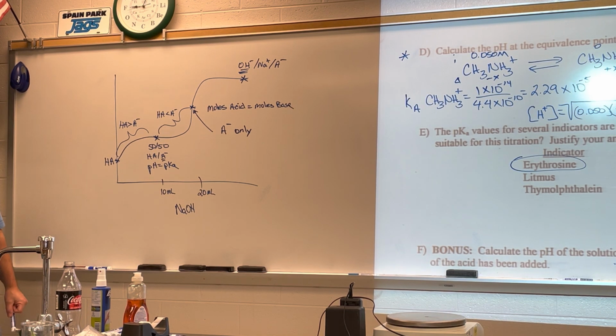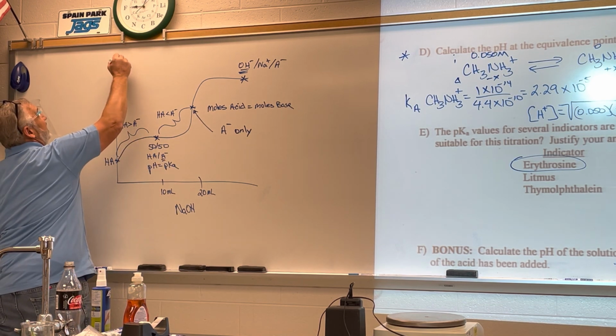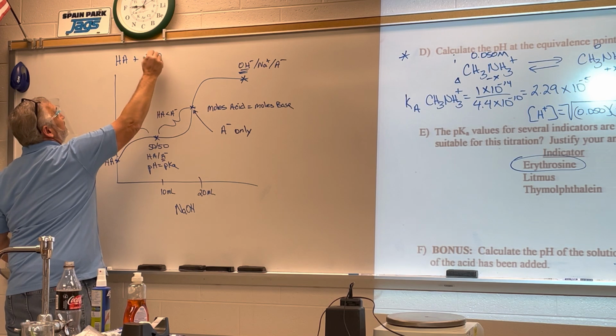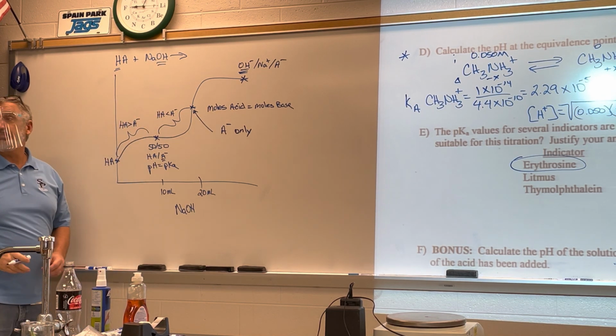When you said that moles of acid equals moles of base, is it specifically moles of OH minus and H plus? Yes, but I hesitate to say that because the secondary reaction changes that. If it's an acidic salt, you're going to have more H plus, and if it's a basic salt, you're going to have more OH minus. But from the HA plus NaOH part, yes, you're adding the exact same number of moles of H plus and OH minus.